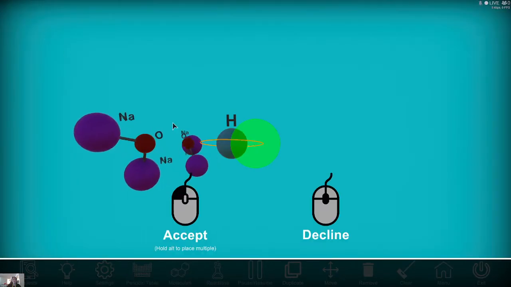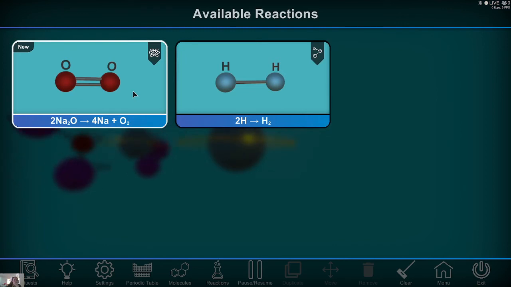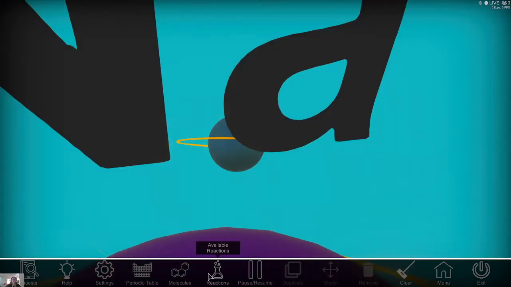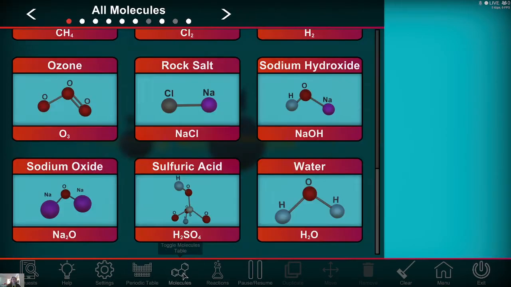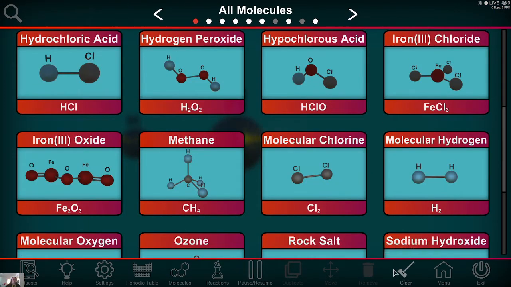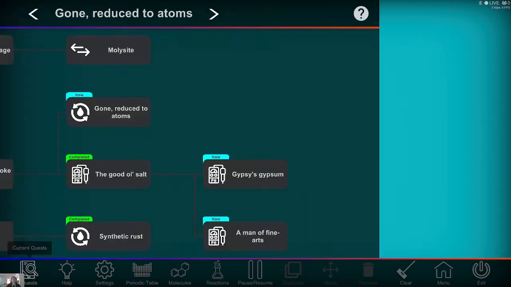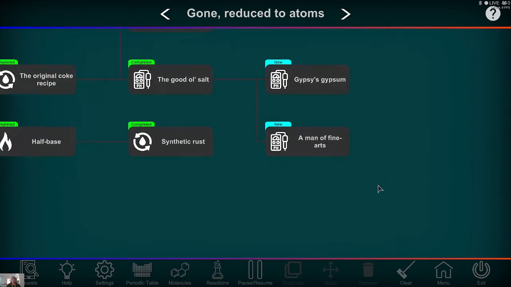Add 2 hydrogens and do the reaction. Okay, I really don't know what I'm doing. I'm trying to get sodium to dissolve in water. Why don't I do something else?